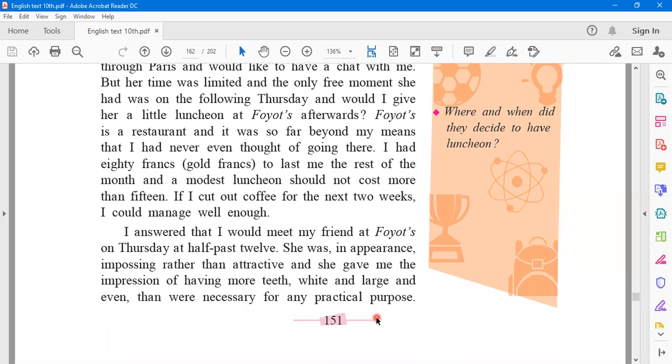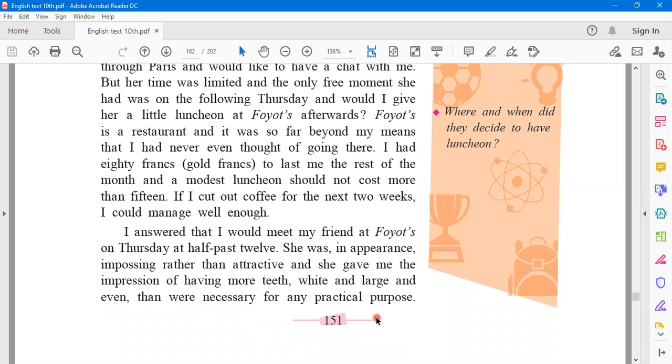So, unnecessarily, she kept on smiling, trying to be really very polite, and the author was not so much attracted, or rather he didn't find her very impressive, because he thought that she was trying to be more grand and impressive in appearance than she actually was.